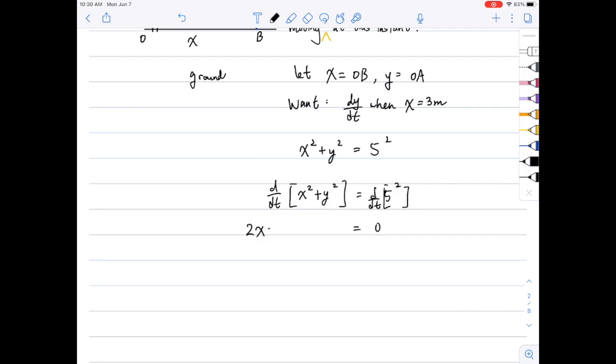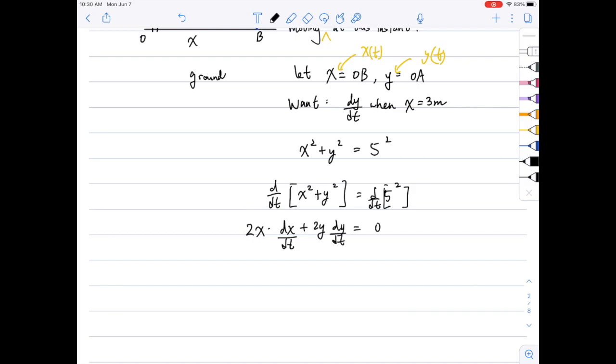But then you have to multiply by the derivative with respect to time of the inside function. The inside function is x, and x itself is a function of time, and so is y. So it's going to be 2x dx by dt plus 2y dy by dt.